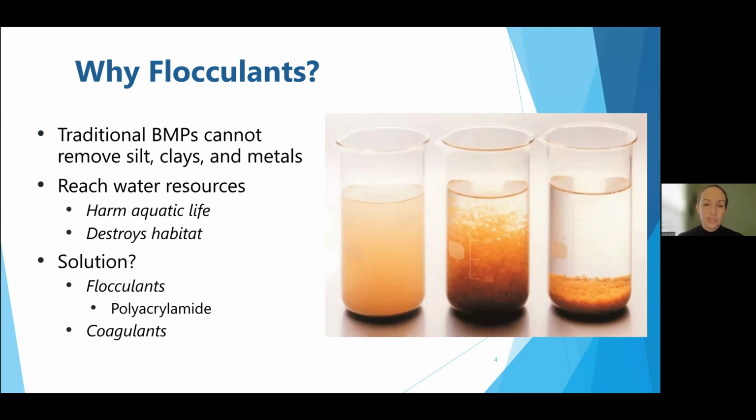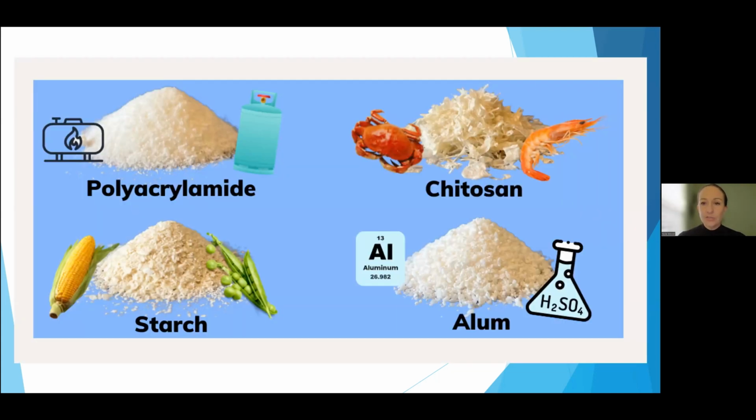So the solution to these difficult contaminants is to enhance our existing sediment and erosion and stormwater BMPs with things like flocculants and coagulants, specifically polyacrylamide. There's a lot of different types of flocculants and coagulants that are available. A lot of them look similar, white, granular, flake, but based on some of their characteristics, we use different ones in different types of applications.